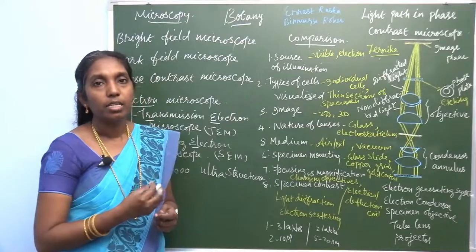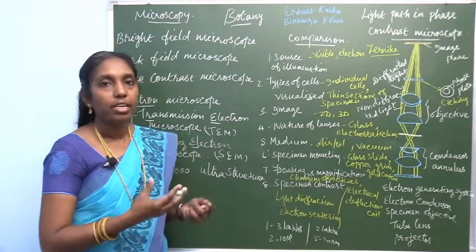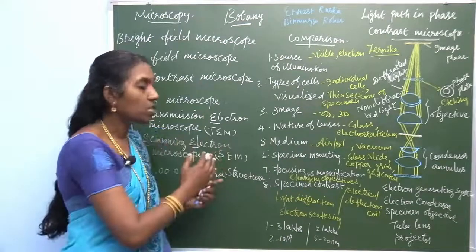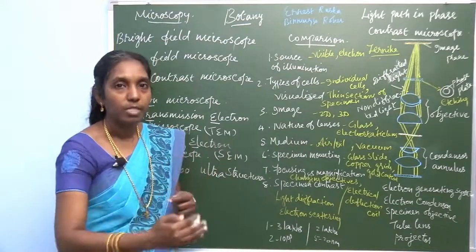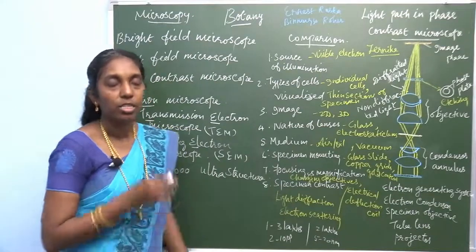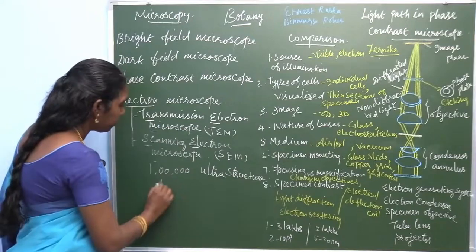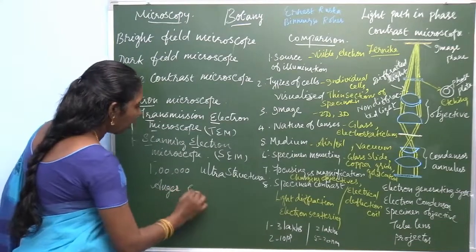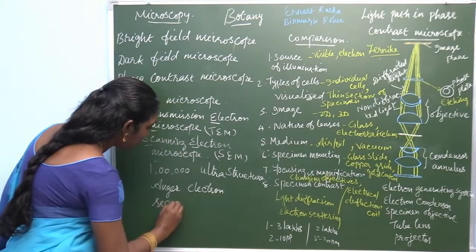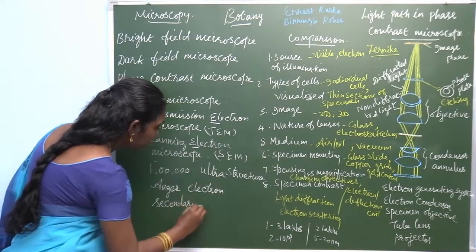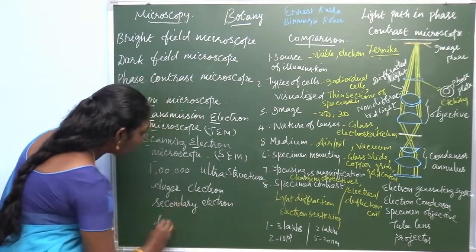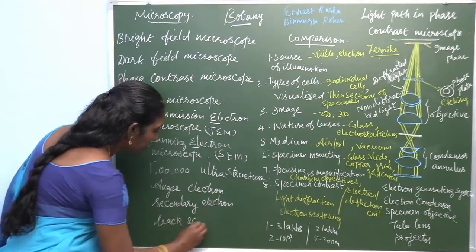When the electrons interact with the specimen, it releases some kinds of radiation in the form of Auger electrons, secondary electrons, or backscattered electrons.